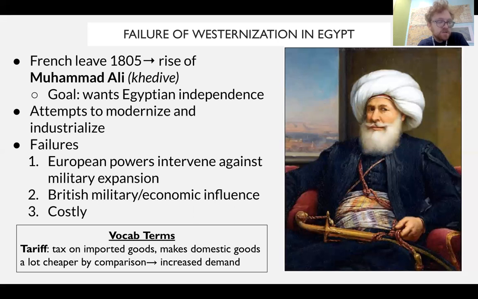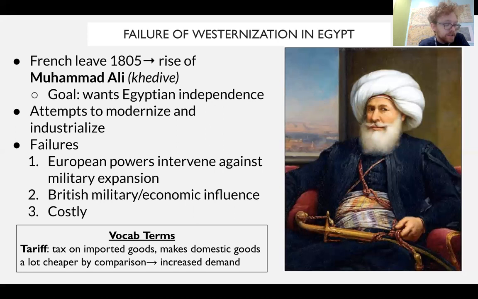So Ali is slowly trying to industrialize, but he is failing at this. He is going to fail mainly for three reasons. One, it's because we are going to see European intervention against his attempt at Westernization.